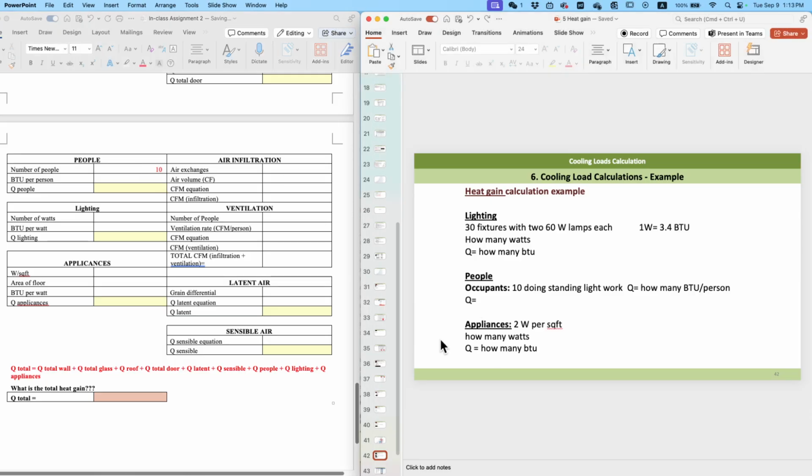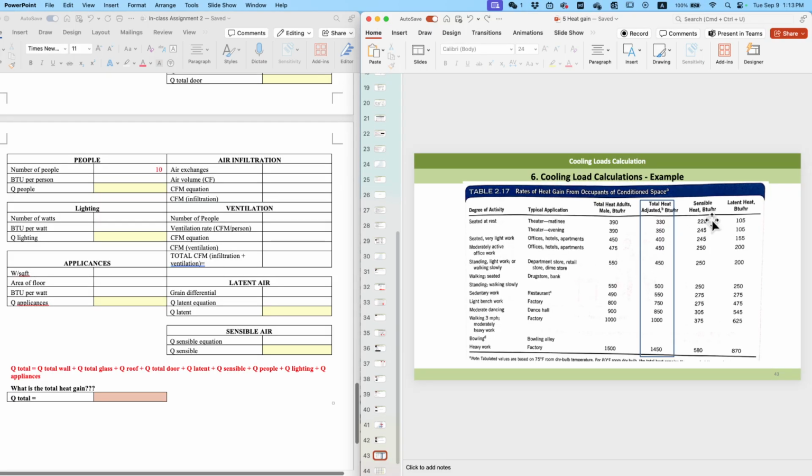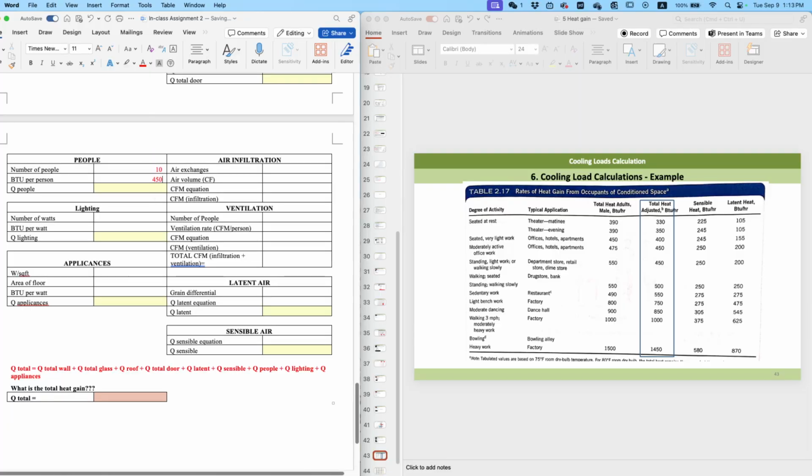From the table, based on the activity, you can find how many BTU. Standing light work, okay, this one. How about total heat? This is 450. So you can put in the 450.